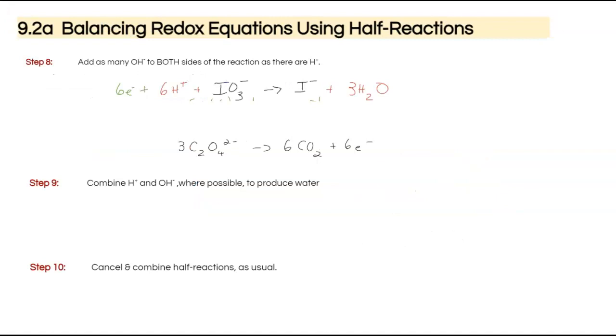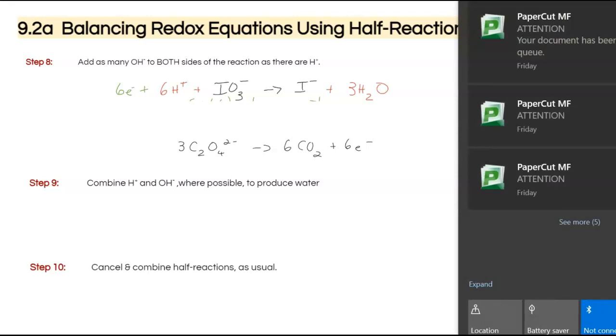Okay, and so I've got this all set up to go. What I've done is I've just copied and pasted the half reactions where we left off. And so the next step is to add as many hydroxides to both sides of the reaction as there are hydrogen ions.